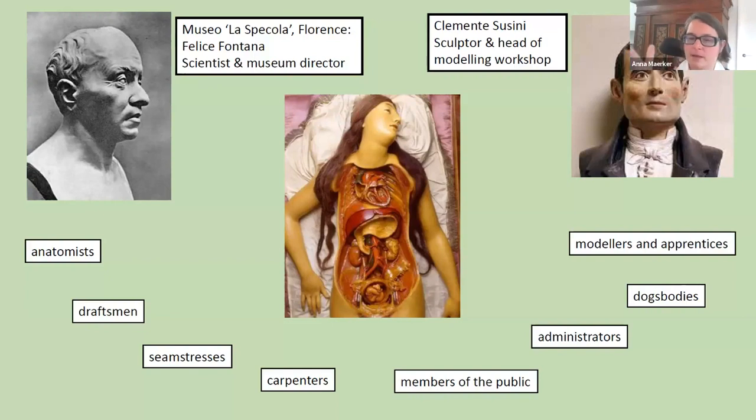And yet there is this really complex network of artists, anatomists, scientists, craftsmen, seamstresses, carpenters, administrators, modelers, members of the public, etc., all of whom contributed to the process. And some of these contributions have been acknowledged publicly, and others have been minimized. And there's a whole politics about whose expertise counts behind this process.